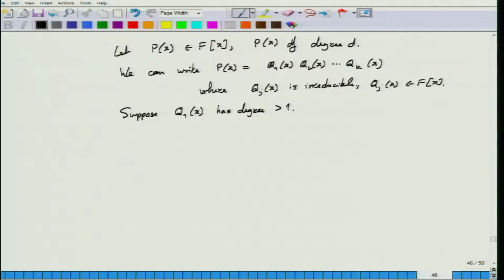Now consider this ring: F[x] quotiented with the principal ideal generated by Q1.